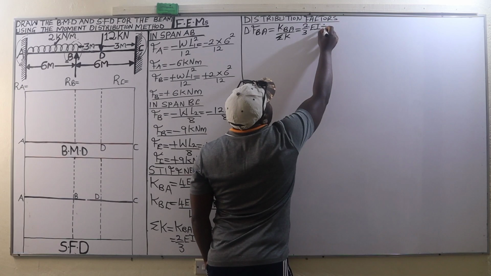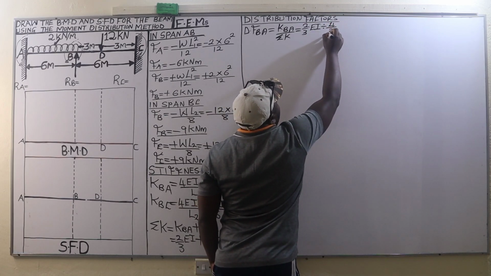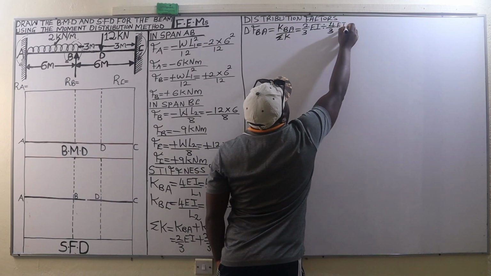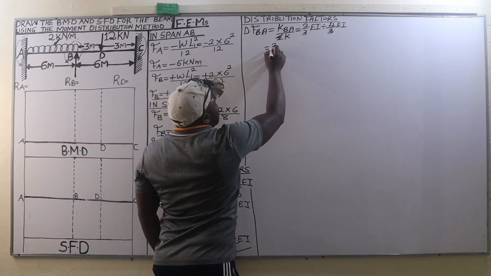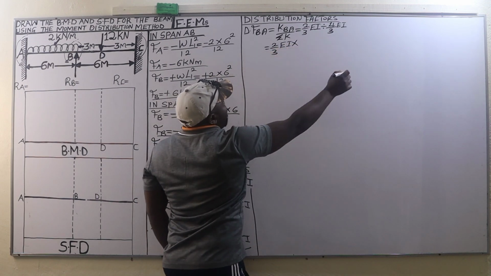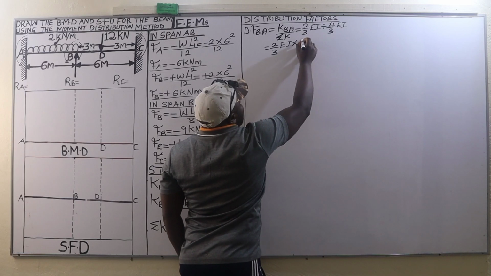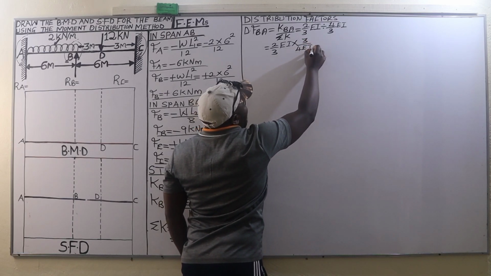We divide that by the summation of stiffness factors, which is 4 over 3 EI. And this is going to give us 2 over 3 EI multiplied by the reciprocal of that, which will be 3 divided by 4 EI.